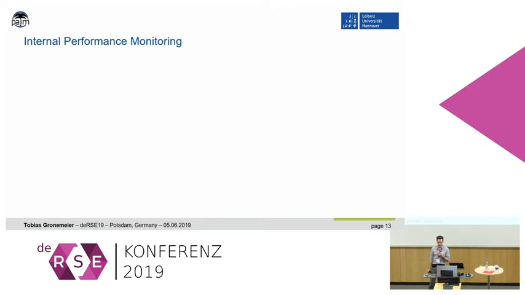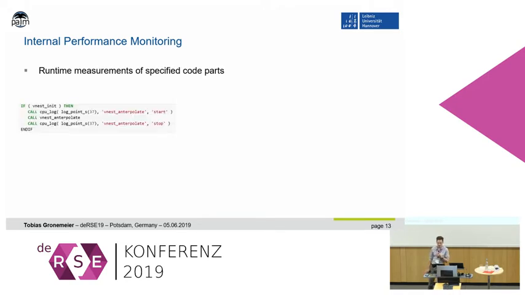Then we have an internal performance monitoring. This means we have runtime measurements specified around some code parts. And I think I didn't mention, but as you might see, we use Fortran code, and we use some of our own subroutines to measure how long certain parts of the code take to execute.